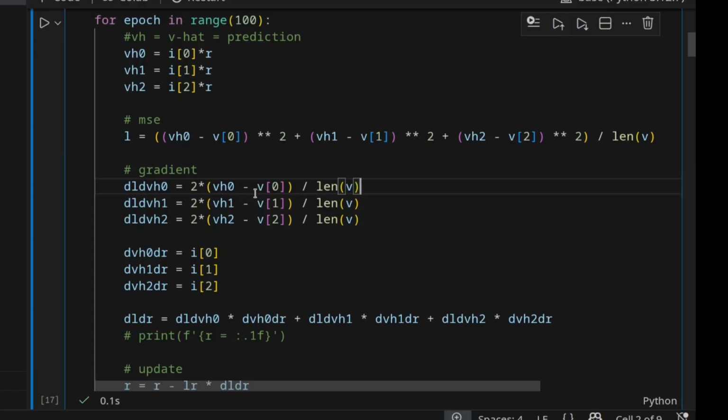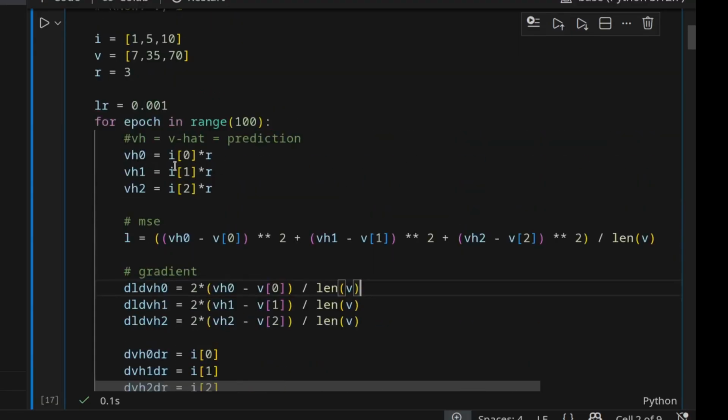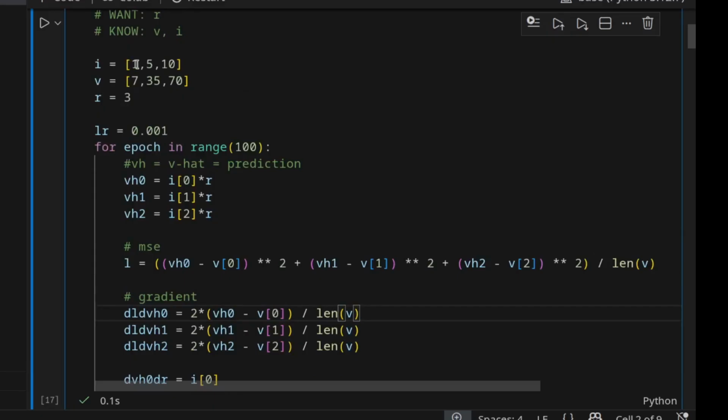So say, for this example, I is 1, and R starts out at 3. If you bump up I by a tiny amount, how many times that bump does this change? It changes by R. Or you can do the opposite: if you bump up R by a tiny amount, it changes by this many times. A specific example: if you increase R by 0.1, R would be 3.1.